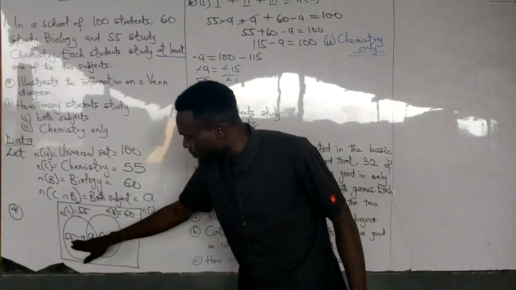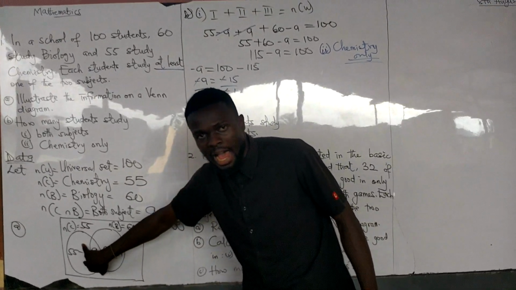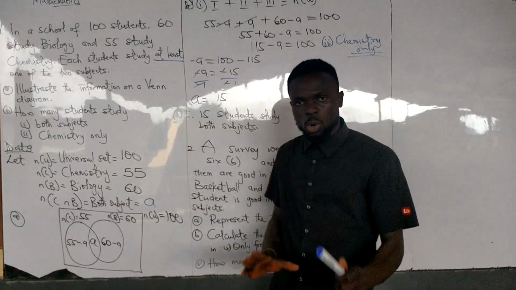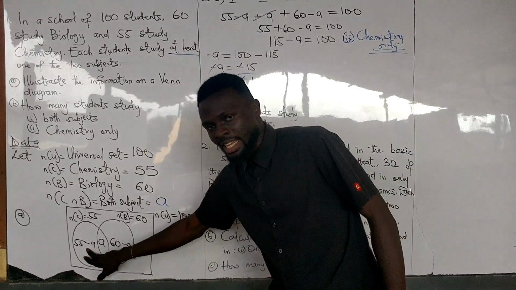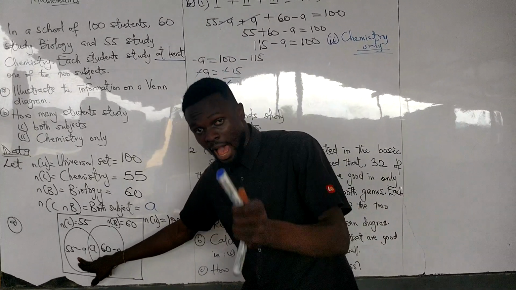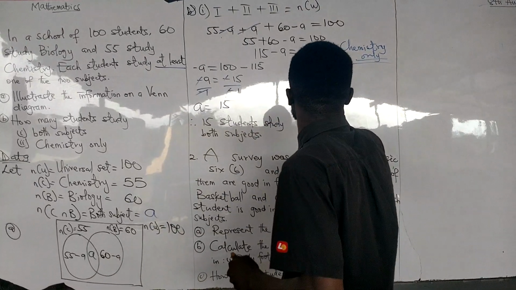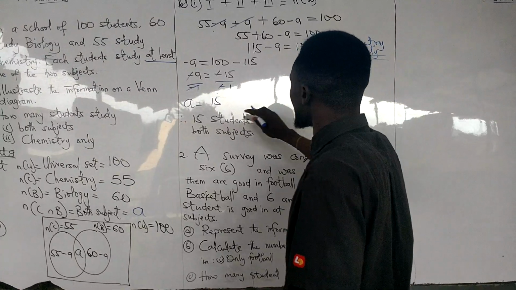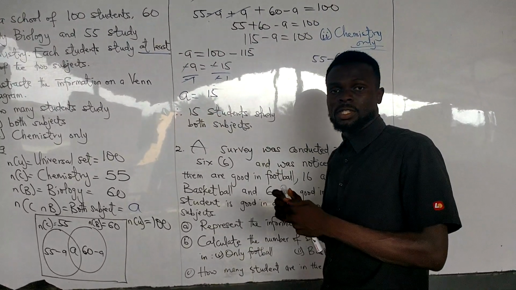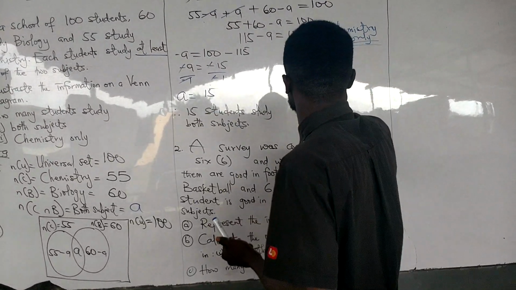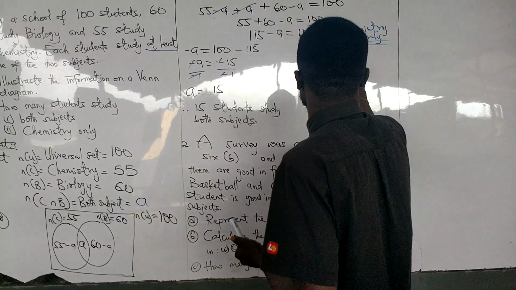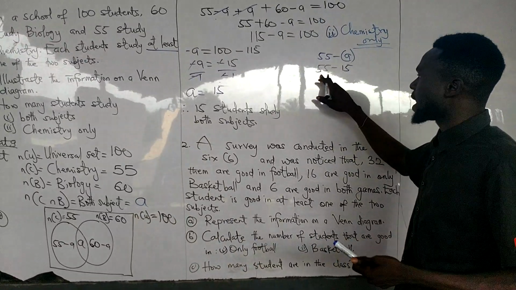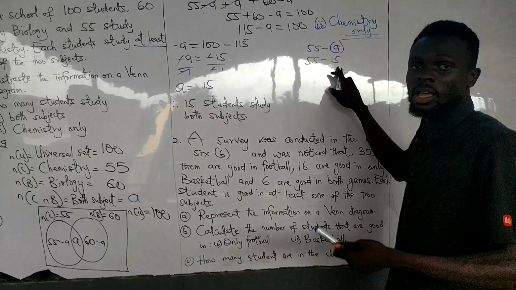So 55 minus A, this is region I, that is the chemistry only. So what do we have there? In the chemistry only, which is region I, we have 55 minus A. What is A? From our solution, A is 15. So we are going to substitute it there. And this is going to give us 55 minus 15.